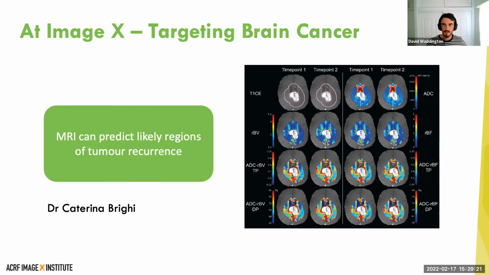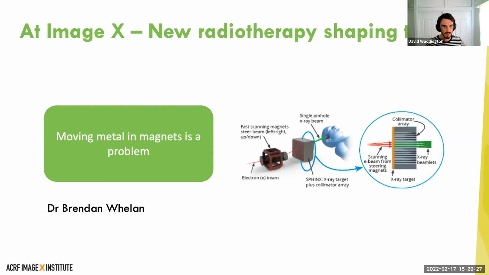And another project that falls under the MRI Linac remit is led by Dr. Brendan Whelan. And this one is really not so much about the MRI imaging itself, but more about the fact that of moving metal in magnets. The way that we normally reshape radiotherapy beams is with these multi-leaf collimators.